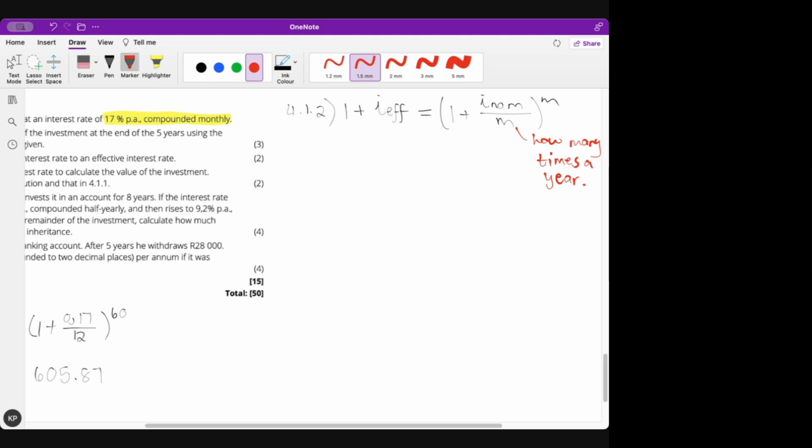I think this is the time to speak about the difference between these two types of interest rates. So the nominal interest rate is the one that they have stated for you. It's basically the simple interest rate. It's like assuming you get interest on the same amount over and over again.